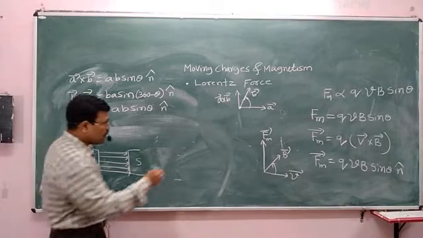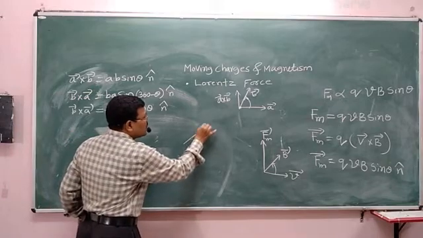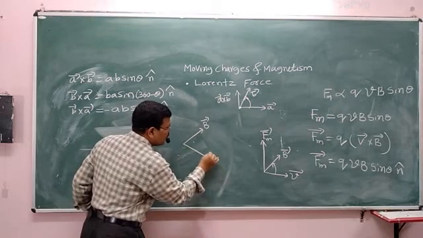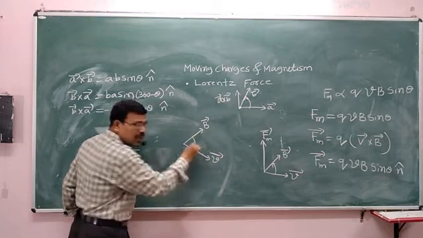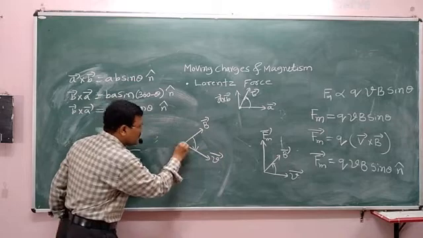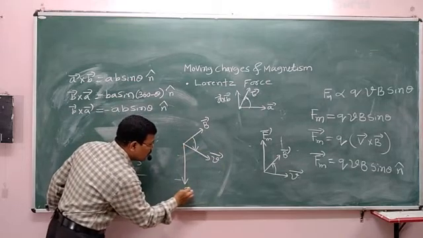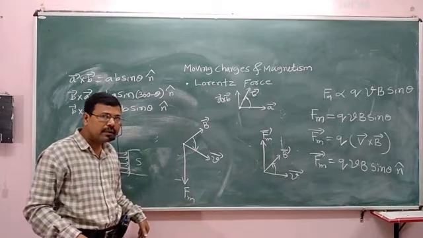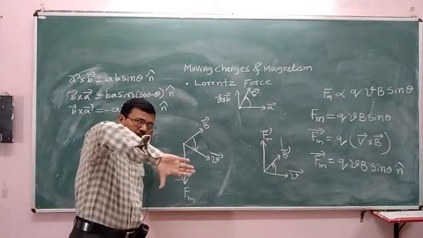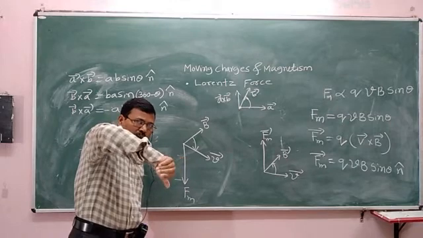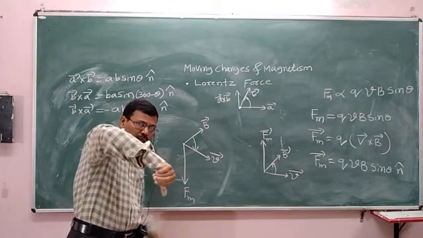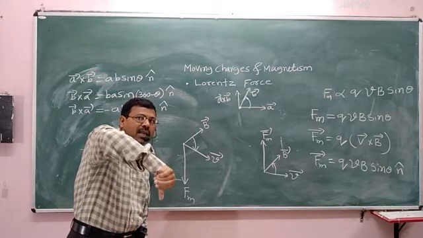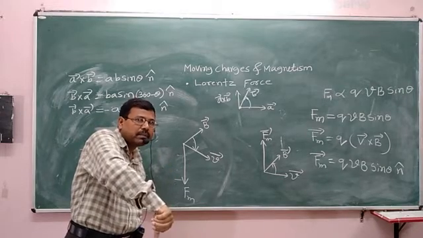So here also, if this is vector B and this is vector V, this will be V cross B, and the direction of the magnetic force would be vertically downward, like this.